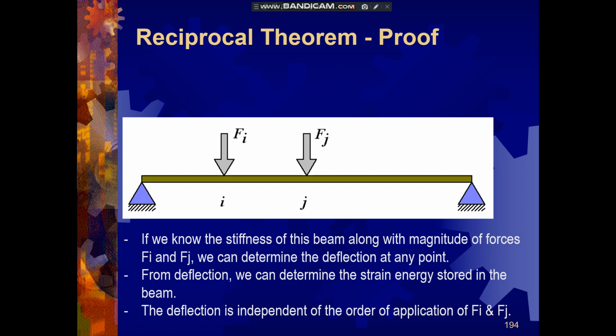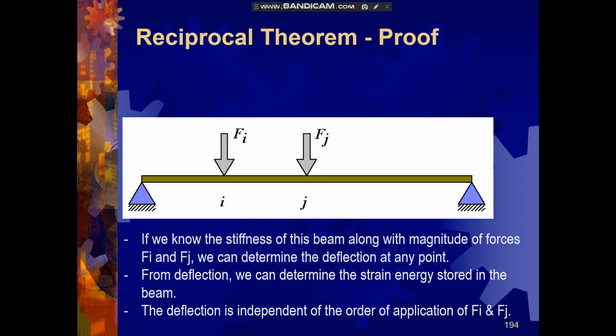And once we know the deflection curve, we can also determine the strain energy which is stored in the beam. That strain energy actually results from the work done by these forces Fi and Fj on the beam material.